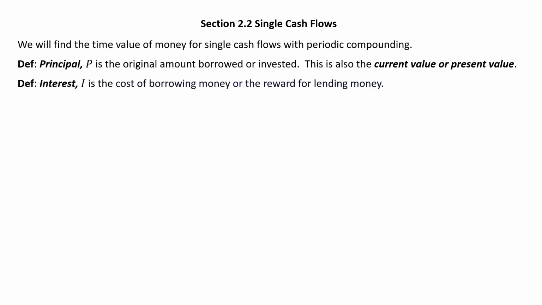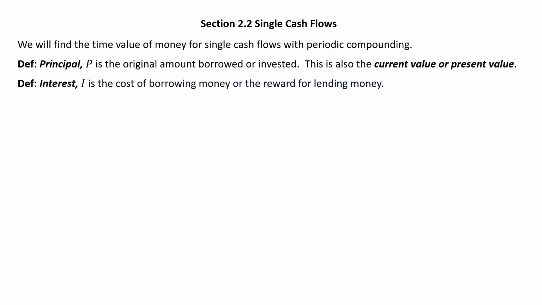And interest, I, uppercase I, is the cost of borrowing money or the reward for lending money. If you recall, I had used this I even in the previous lecture, but that was a lowercase i. But now I'm using an uppercase I. Why did I change?